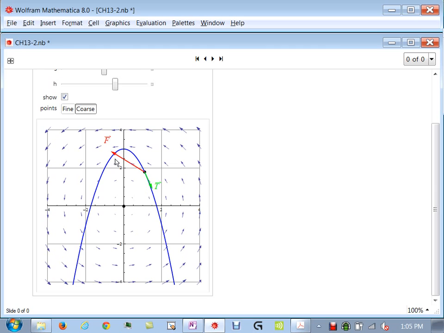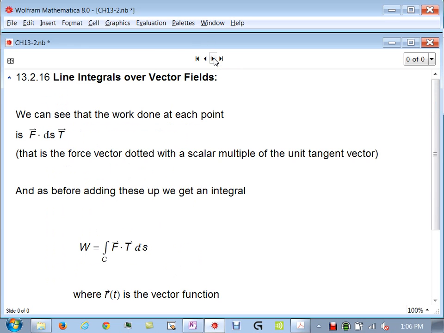Then there's the vector field, which is basically a force being applied upon the point. If we take the dot product of the force vector and the tangent vector, it gives us work, remember? But we said we had to scale the tangent by the infinitesimal length, which you all remember what that was going to be called?